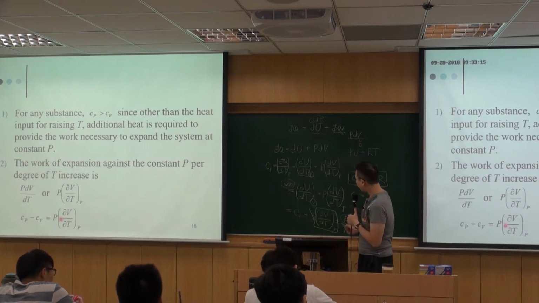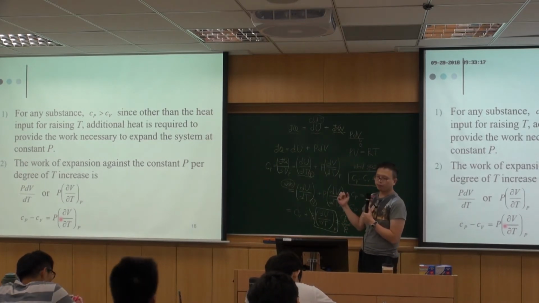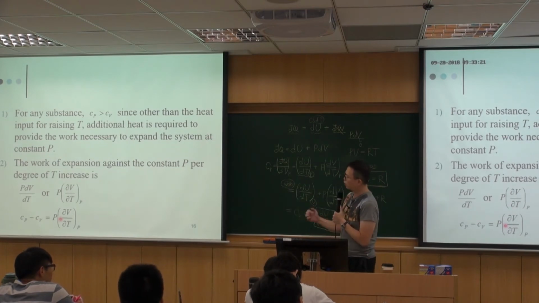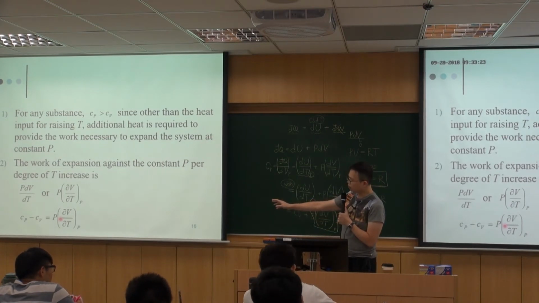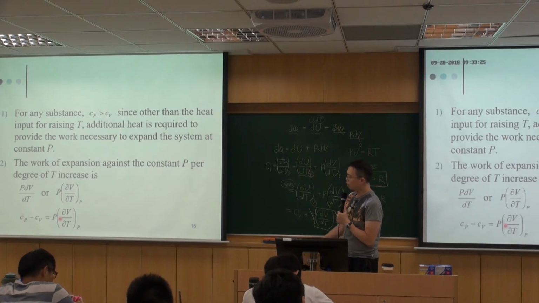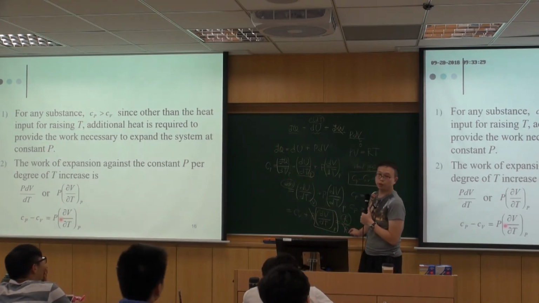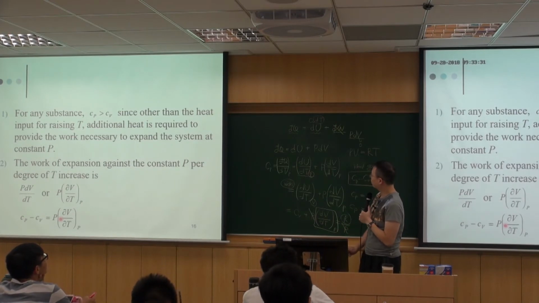And if it's an ideal gas, then we know that partial V partial T is actually R over P. So it turns out that, for ideal gas, the difference between them is just R.